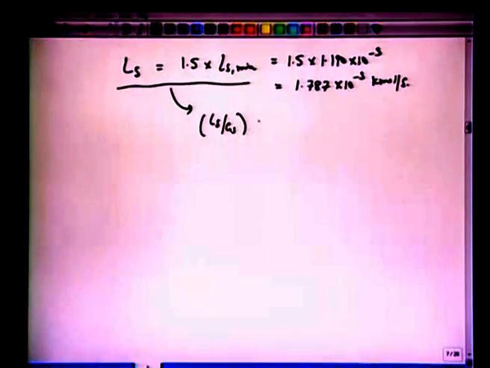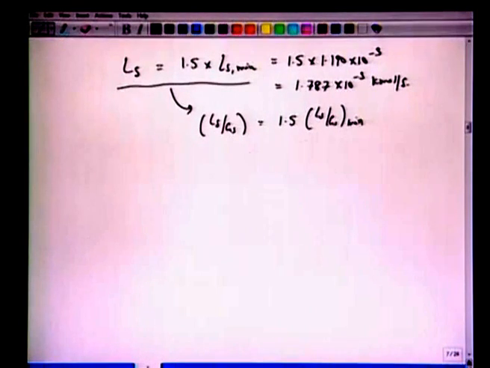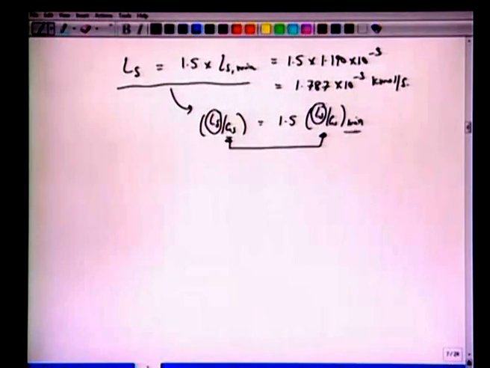Right, writing this is the same as saying that slope LS by GS equals 1.5 times LS by GS min. Why? Because GS is the same. So it's only LS which we are trying to find out based on these minimum conditions. So either you go by this or you go by this. Try to understand it graphically.